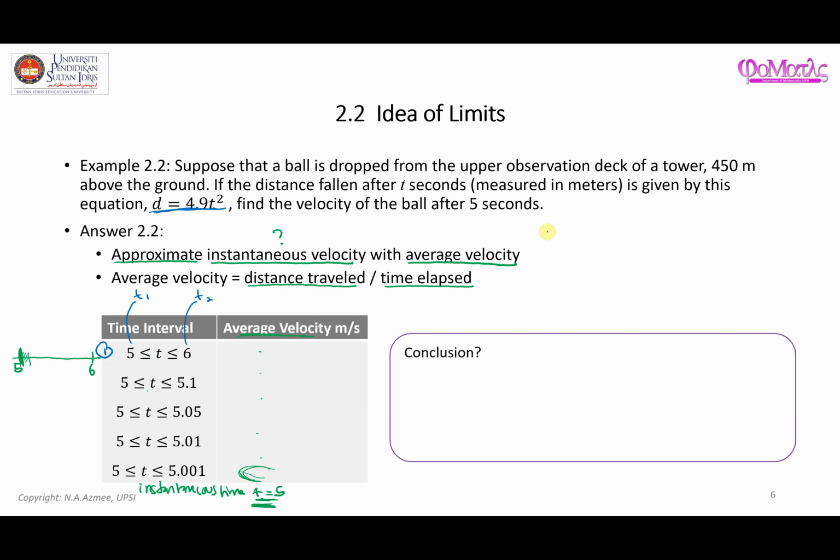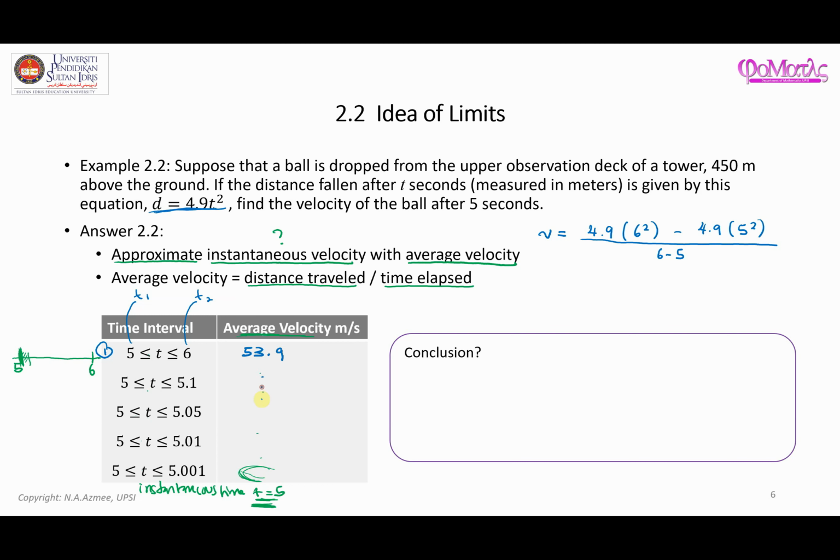So the velocity is going to be the distance for t2, which is 4.9 times 6 squared, minus the distance for the time here, t1, so this is 4.9 times 5 squared, over the difference in time, which is 6 minus 5. If you calculate this, you will get that the average velocity for that time interval is equal to 53.9.